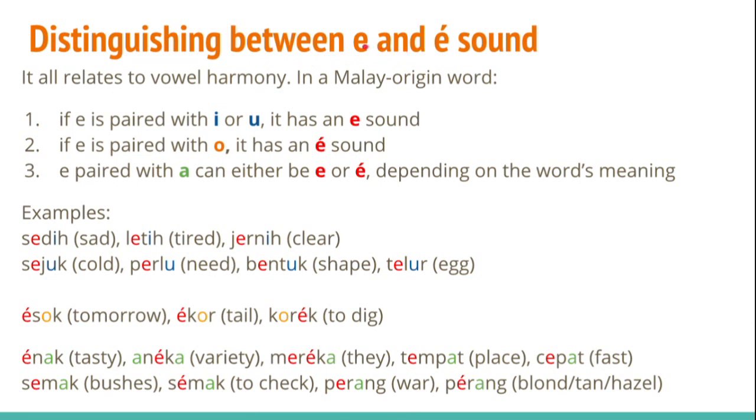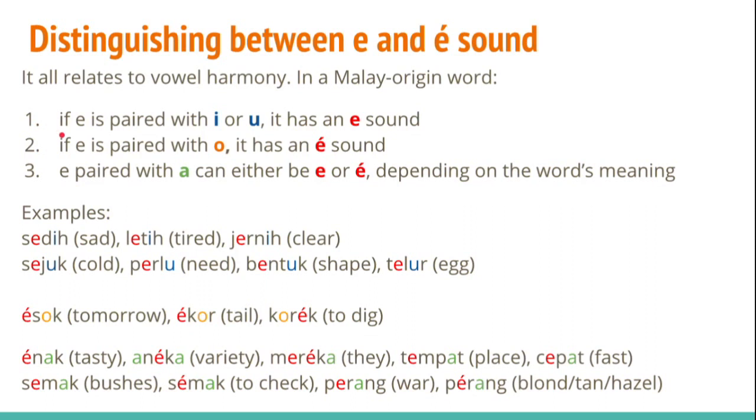Right, okay, and now this is what we're trying to solve, the enigma of how you tell which sound the E has. Basically, it all relates to what I call vowel harmony, and this applies to all Malay derived words. It doesn't apply to loan words from English or Arabic. It applies to words that are originally Malay. There are three rules for telling how E is pronounced.